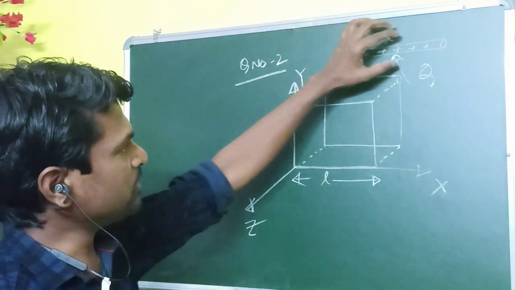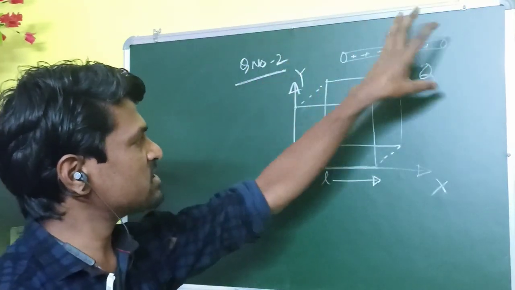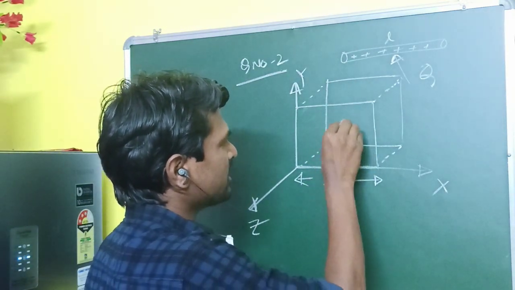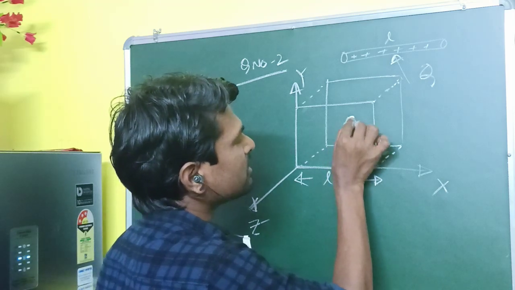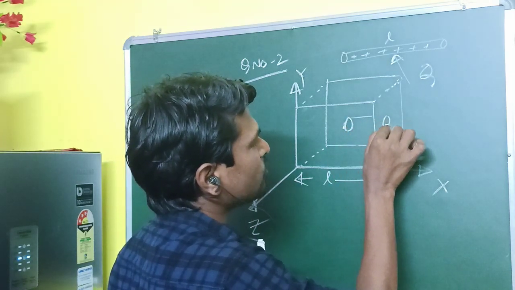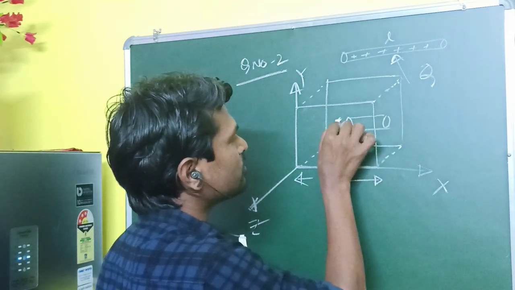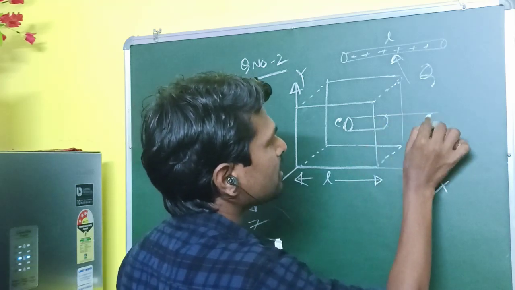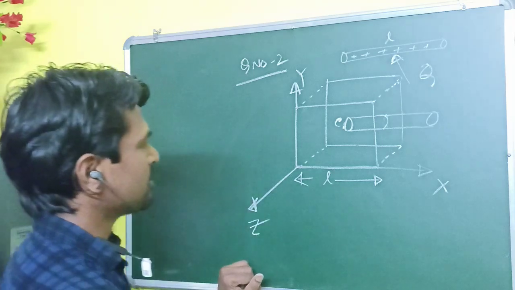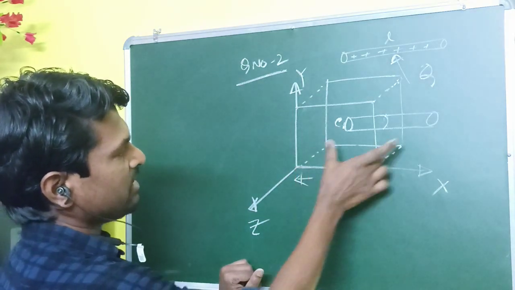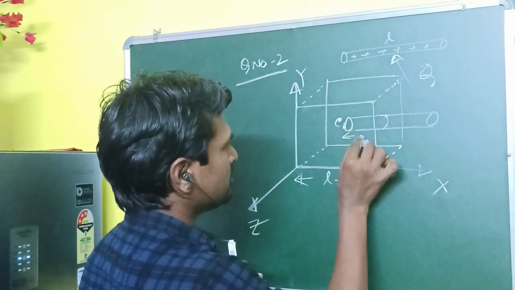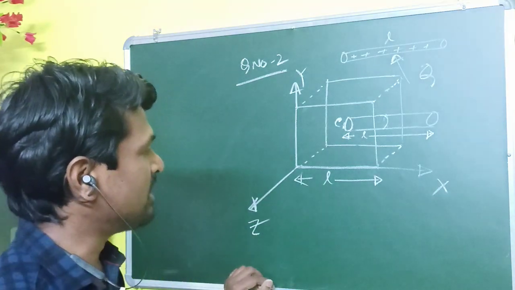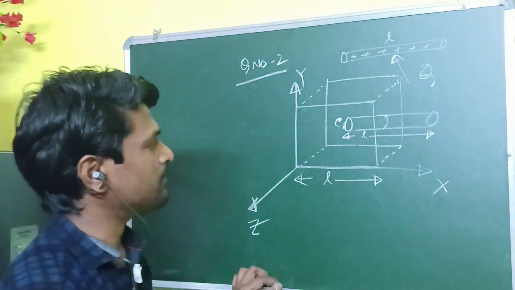The rod is introduced in such a way that it just touches the center of the cube. The length of the rod is the same as the edge length of the cube, L. That is the main point.